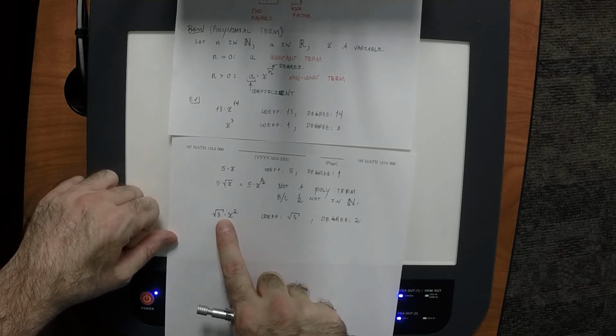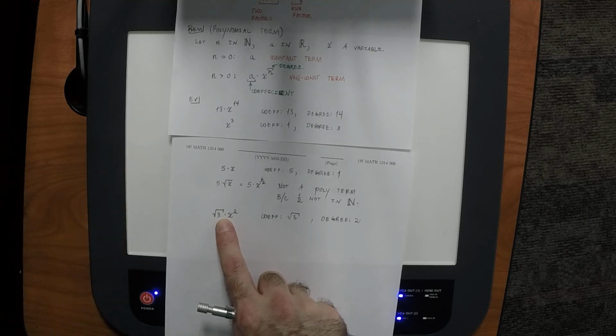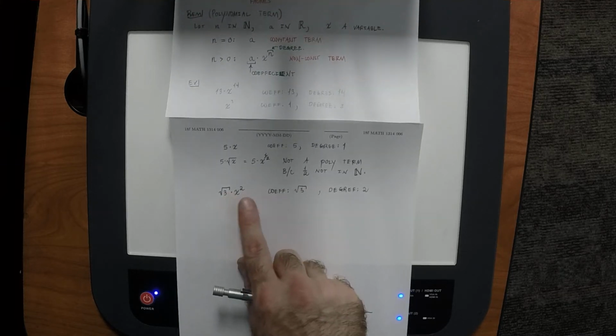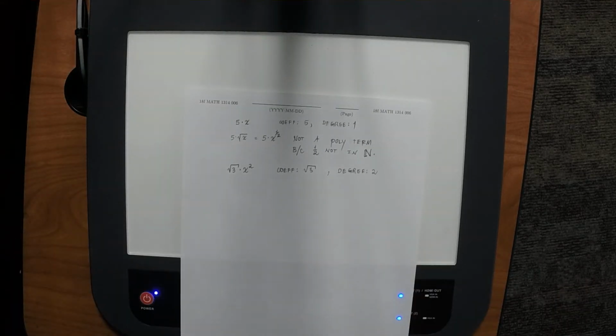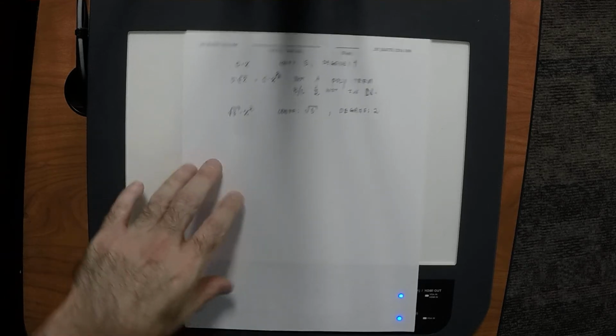Whereas in this case, there's a radical, but is the variable in there? It's not in there, right? So that's what makes this okay. I want you to be sure not to think that radical is bad.